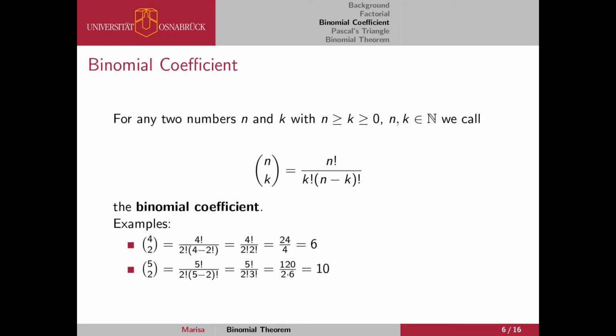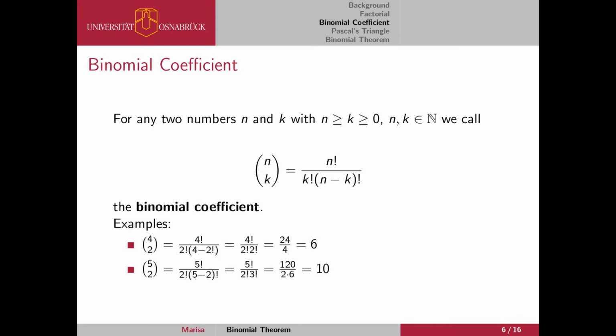The first one here is 4 over 2. So using our notation of n over k, n is 4 and k is 2. If we apply the rule of the binomial coefficient now, we can rewrite this to calculate the result. On the top of the fraction, we have n factorial. In our case, this is 4 factorial because n is 4. Below in the fraction, we have k factorial, so 2 factorial in our case, times n minus k factorial, which is 4 minus 2 factorial here, which of course is 2 factorial.